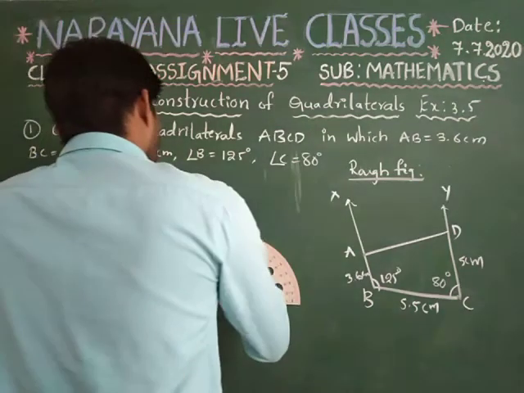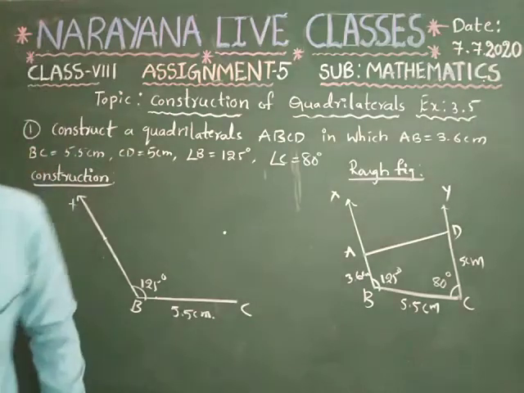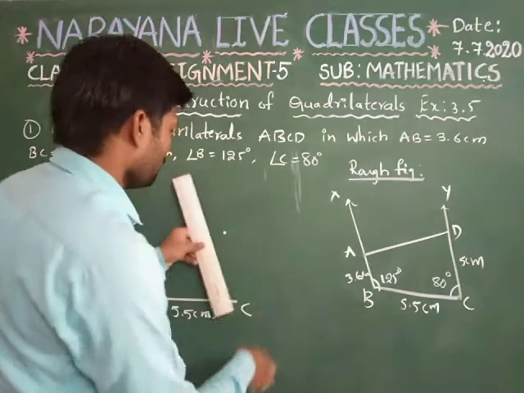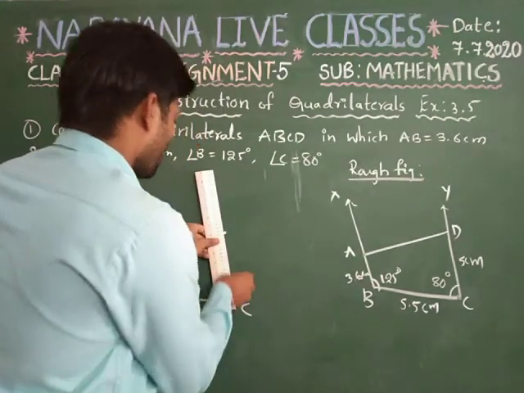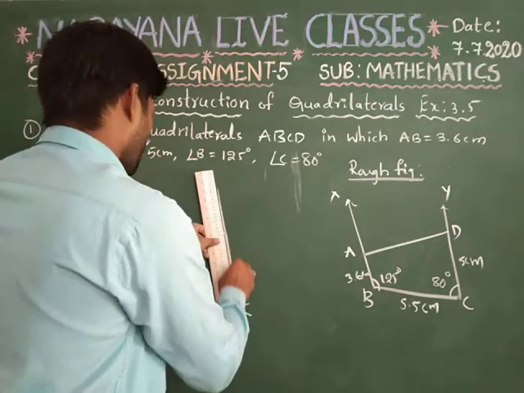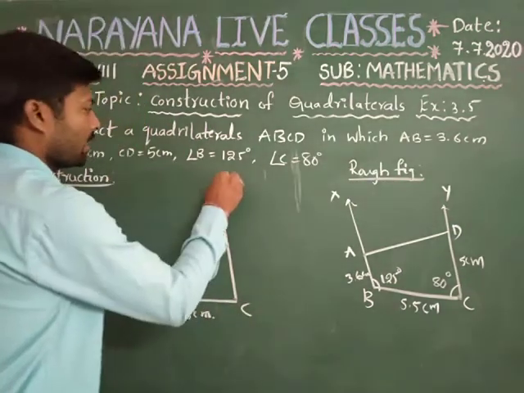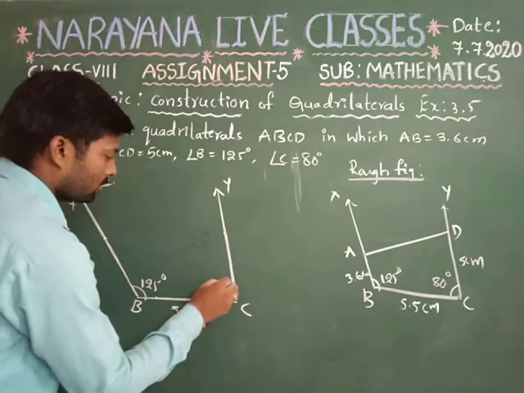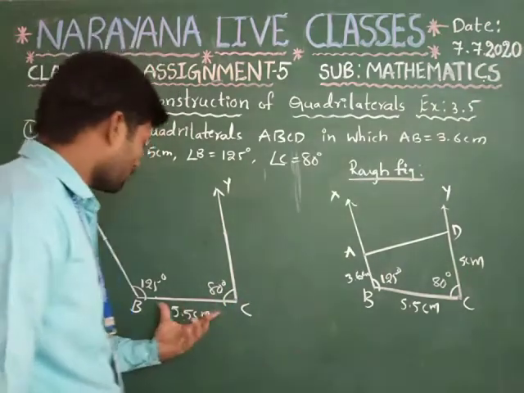Now join these 2 points. This is the ray CY, which makes 80 degrees with respect to BC.